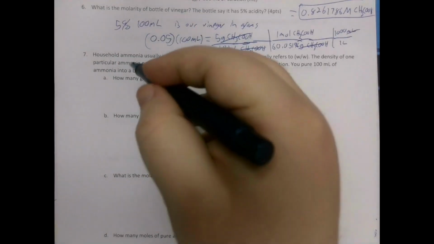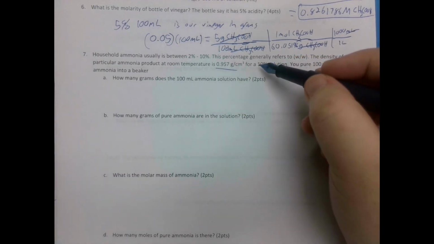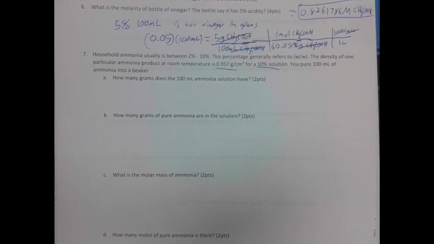In this problem, household ammonia has a density of this, and it's about 10%. And we pour 100 milliliters of it in a beaker. So how much do we have in the beaker? Well, we know it's weight per weight.